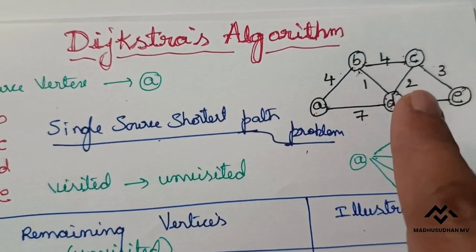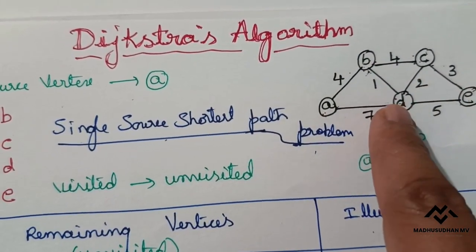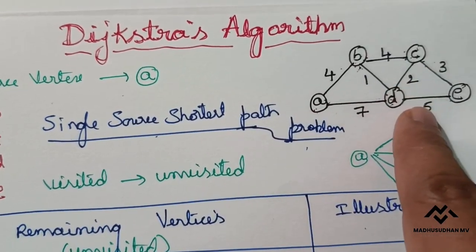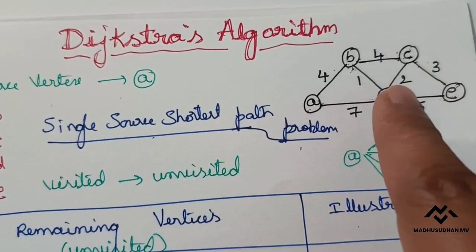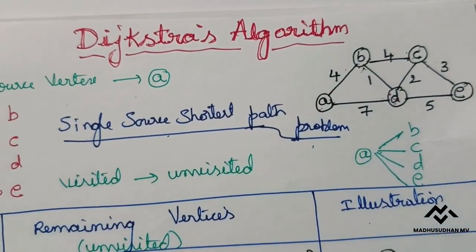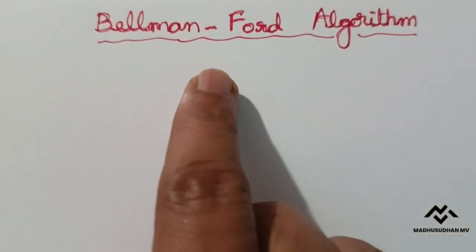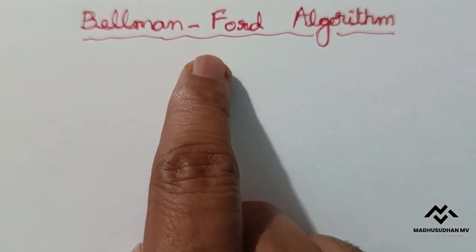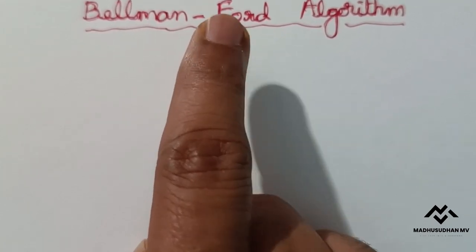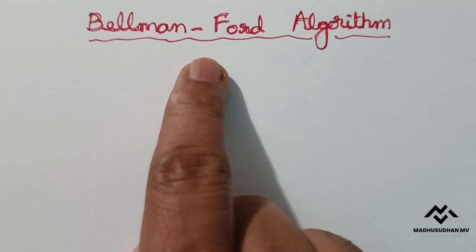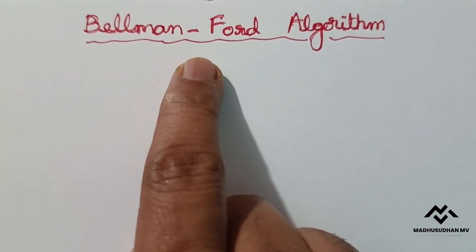So if we want to find the shortest distance from the source vertex to all other vertices when the edges are negative, then we go for the Bellman Ford algorithm. Bellman Ford is similar to Dijkstra's. Both are used to find the shortest distance from the source vertex to all other remaining vertices.